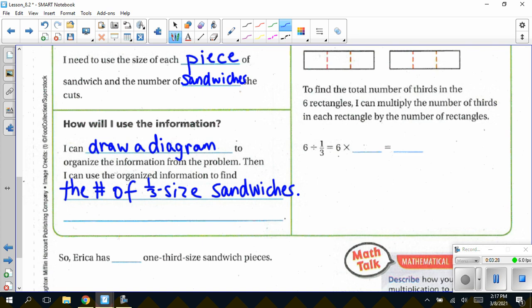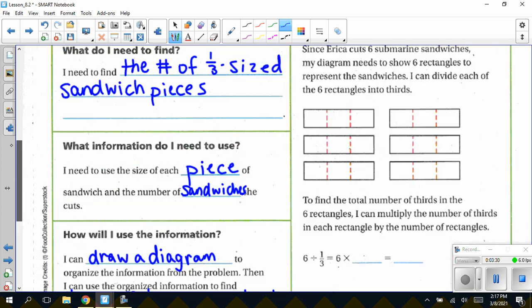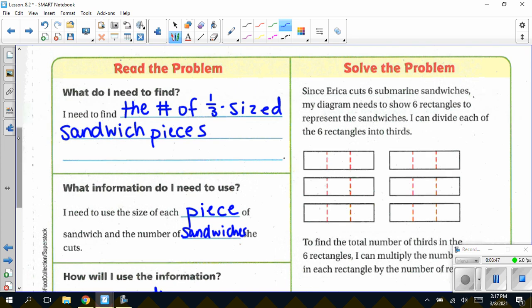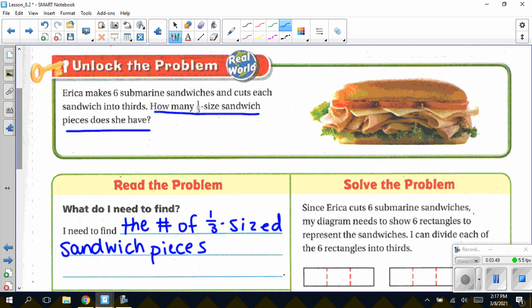So now notice up under solve the problem we have 6 rectangles that are cut into 3 equal sections. The 6 rectangles representing the 6 submarine sandwiches that she has. And if you recall from the question, it's stating that she is cutting them into thirds.